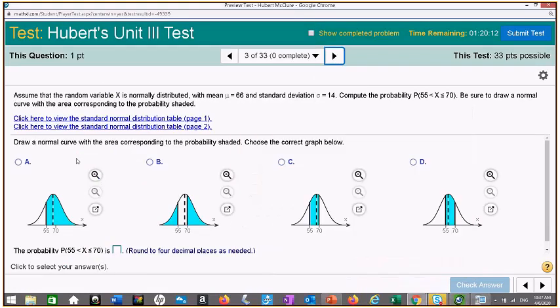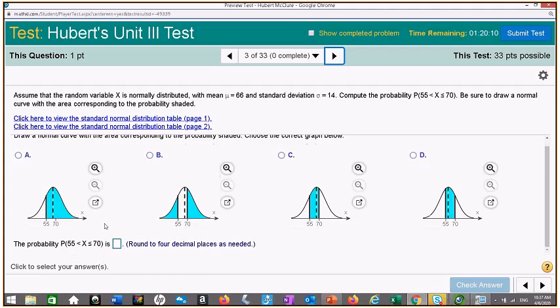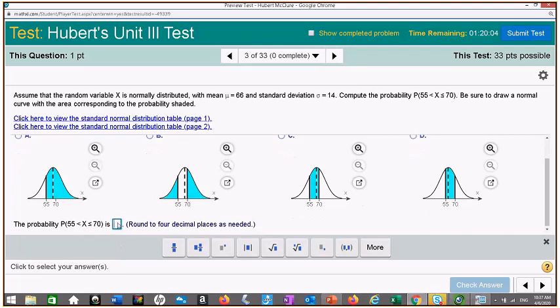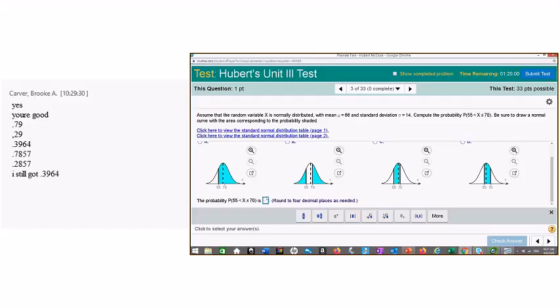They might have a variance in the answer to where y'all could punch in several different answers. 0.3993. 0.3993. Okay, well I must be wrong. And which one is it? It should be this one.